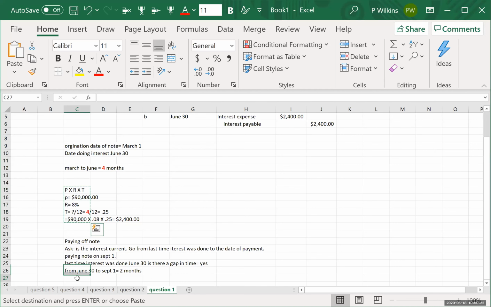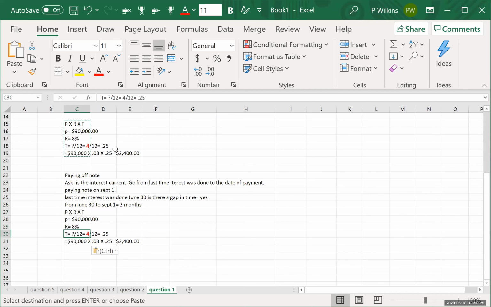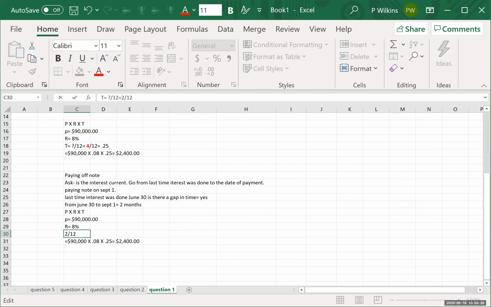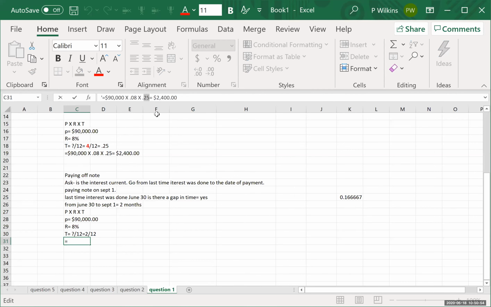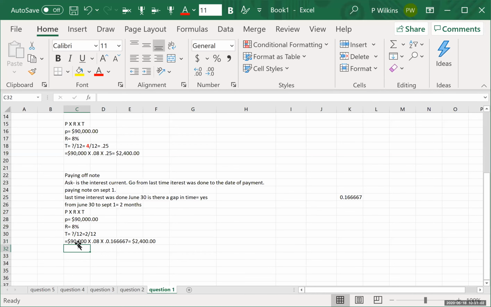We're going to take the same formula, principal times rate times time, with 2 months. The multiplier for 2/12 is 0.16667. Okay, so that comes to $1,200.